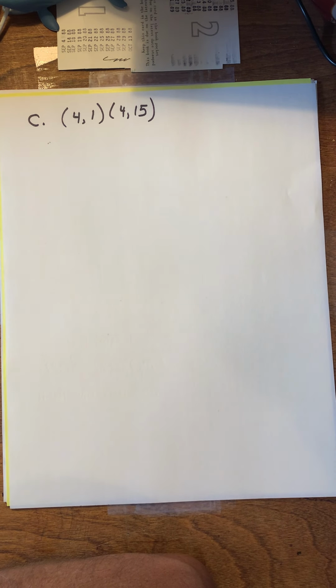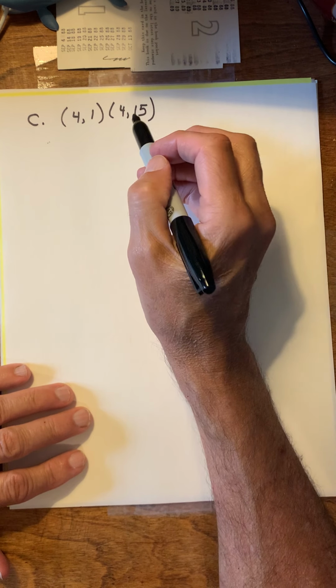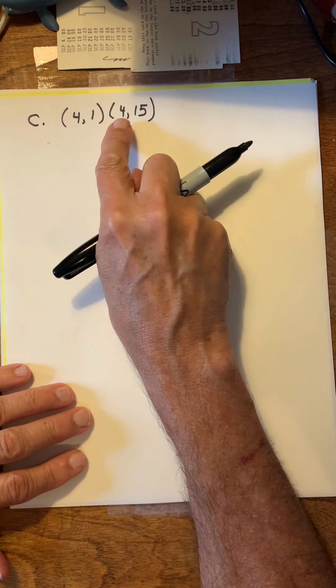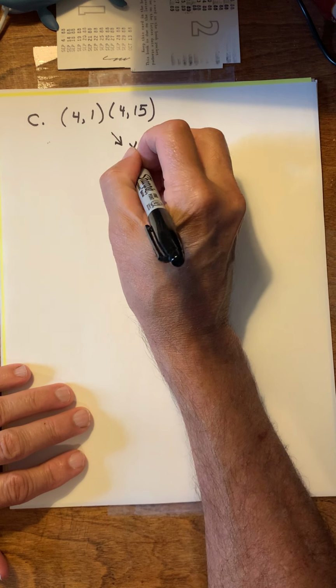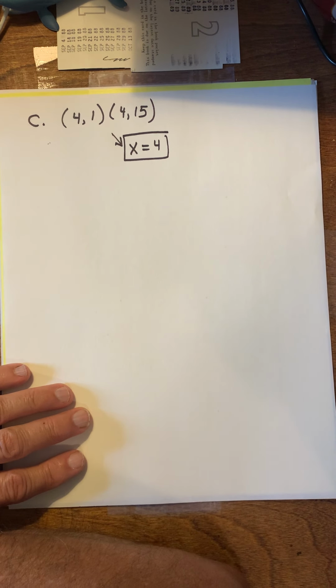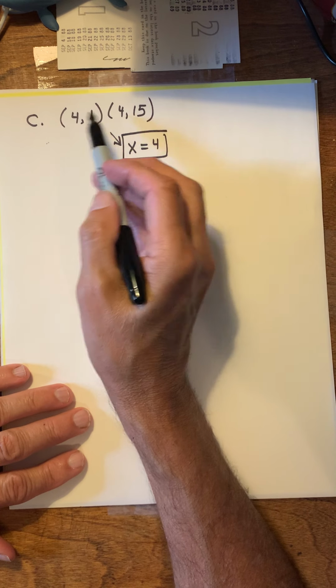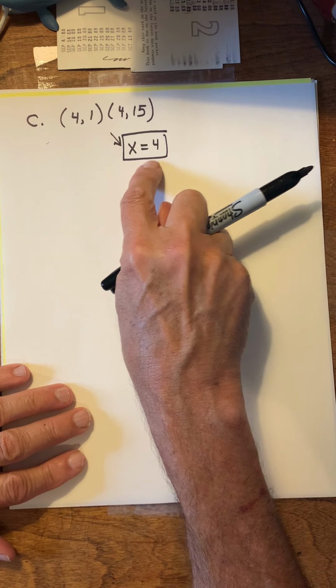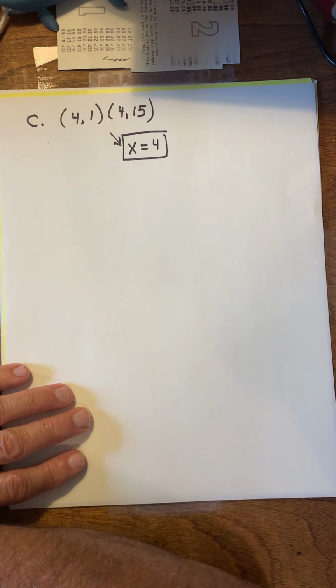You know what? You're finished. This is it. The equation of this line, where every x is 4, is simply x is 4. Finished. How about that? So if I have 2 points and they have the same x, that's the name of my equation. My equation is x is 4.